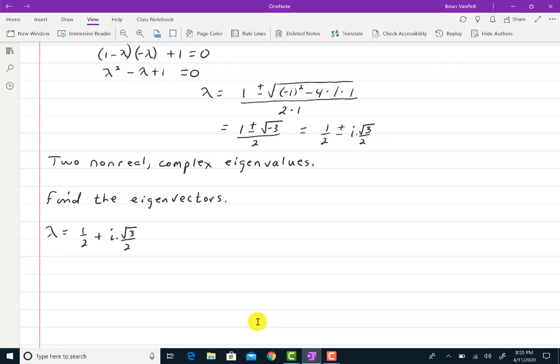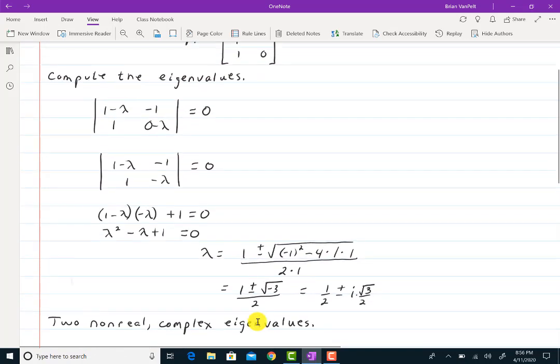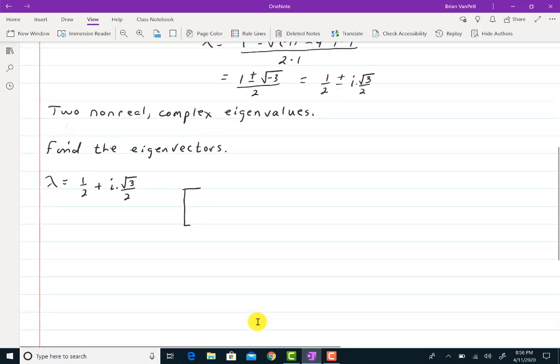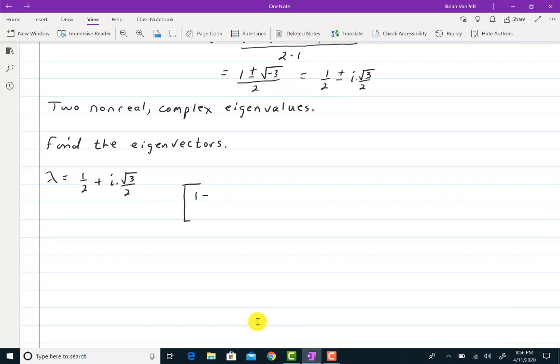I'll put a dot there just so I remember that it's multiplication. Then we take the original matrix, which was 1, -1, 1, 0, so we had 1, and then we're going to subtract off the eigenvalue. And then we're going to have a -1 in that spot, and then a 1, and then we're going to do 0 minus that same eigenvalue.